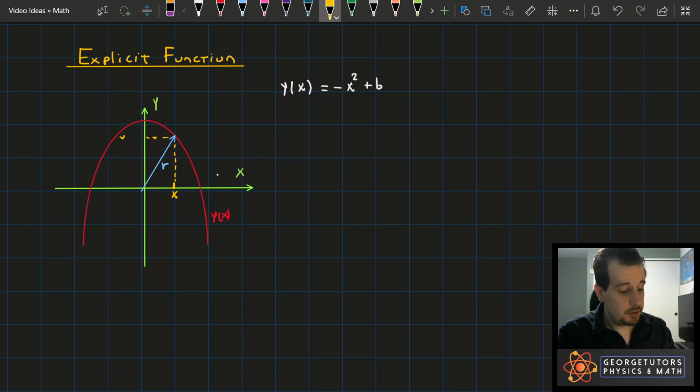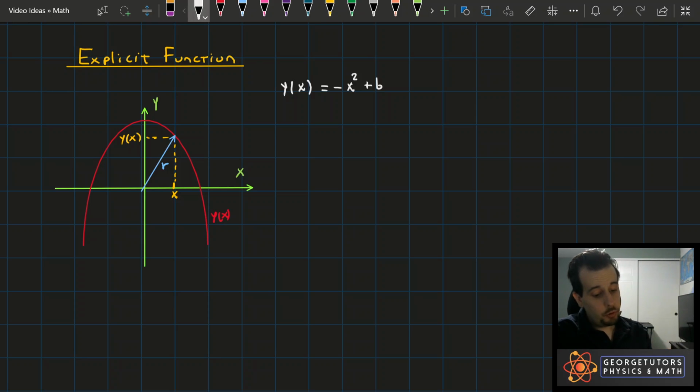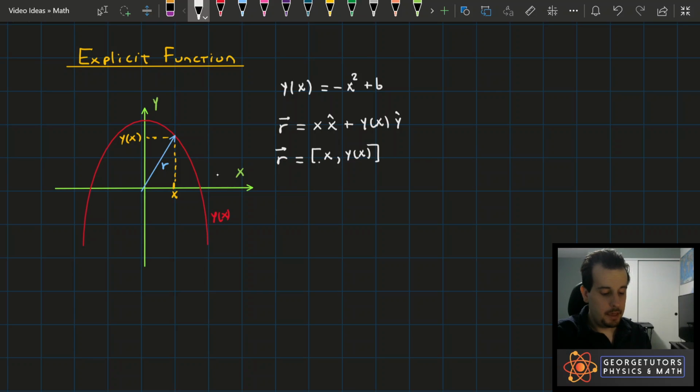So it's going to be y of x, and whatever x you're feeding this y, it's going to give you an output for that y component of your r vector. So if you were to write this vector right now, it would look like x hat plus y of x y hat, or in bracket form, x comma y of x, essentially.